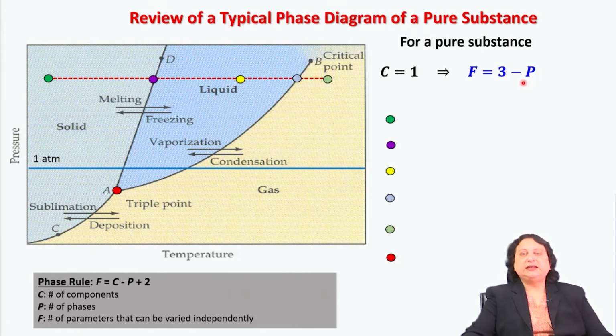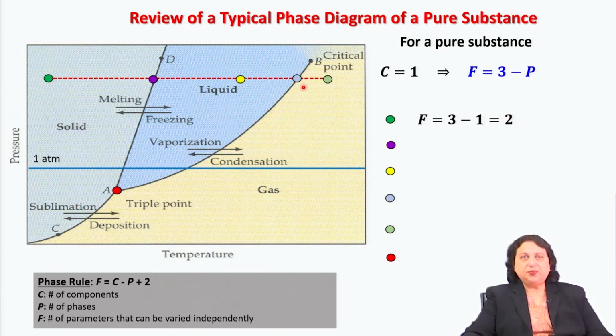Now, as I said, I am going to choose a few representative state points on the phase diagram. The first one is this green point that is present over here, and I find that here the number of phases is equal to 1. So, p is equal to 1. So, 3 minus 1 is equal to 2.